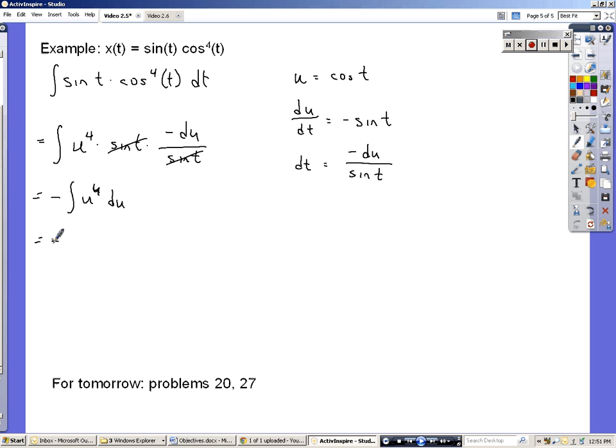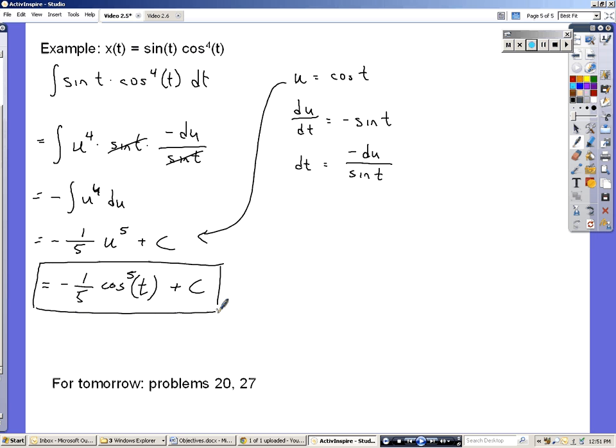So we keep the negative sign out front. We have 1 over n plus 1 times u raised to the n plus 1 power plus c. Now we'll substitute back in for u, and we'll say that this is equal to negative 1/5 cosine to the 5th t plus c, and there's our answer.